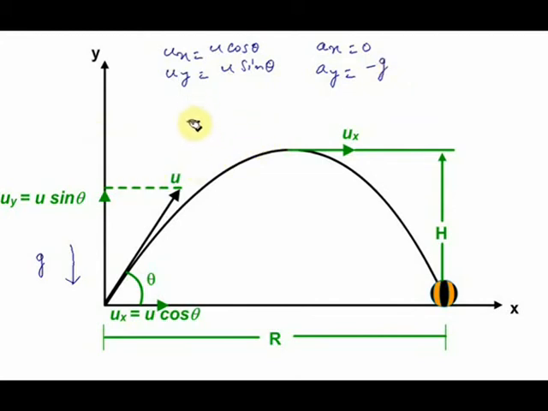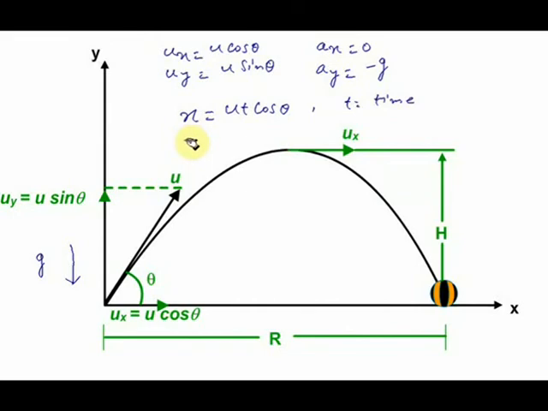So in time t, the projectile will travel a distance x along the horizontal direction, which will be given by x = u t cos theta, where t is equal to time.